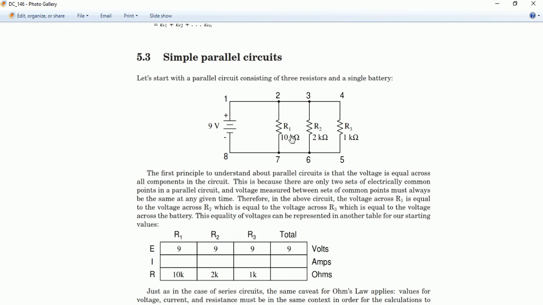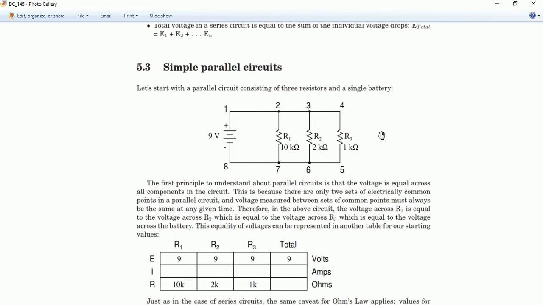Since these resistances are connected in parallel, we have to calculate the equivalent resistance, for which the formula is 1 over RT is equal to 1 over R1 plus 1 over R2 plus 1 over R3. Another shortcut is that for two resistances we have the formula R1 times R2 over R1 plus R2.